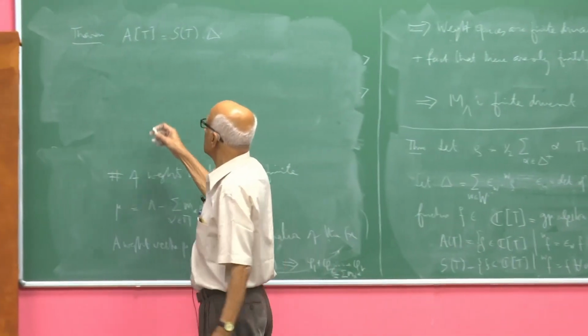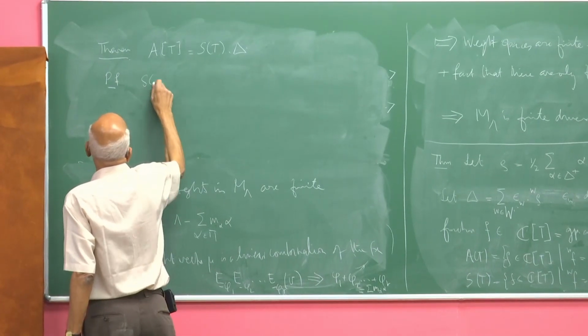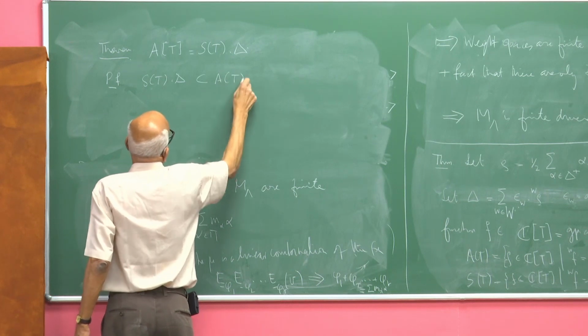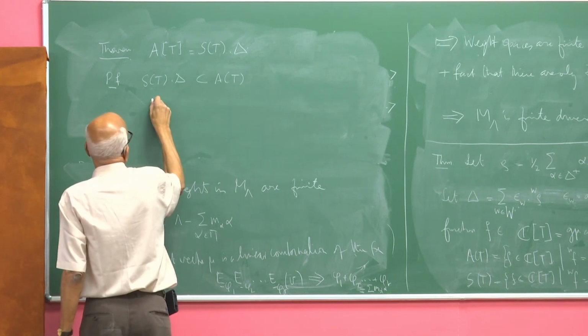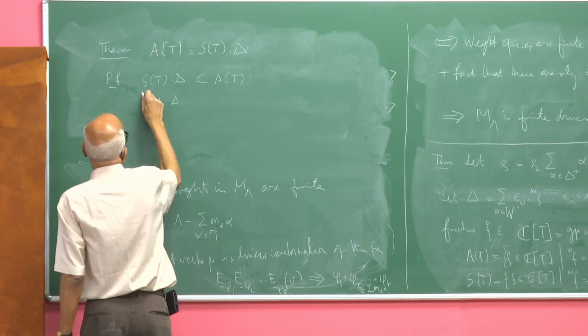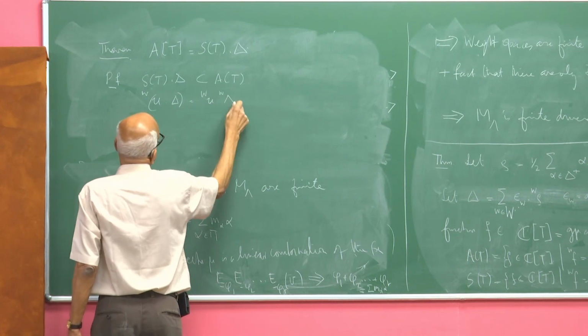Now, it is clear that S_T times delta is obviously contained in A_T, because if you look at a function u here and delta, apply the Weyl group element, it is the same as w u times w delta.